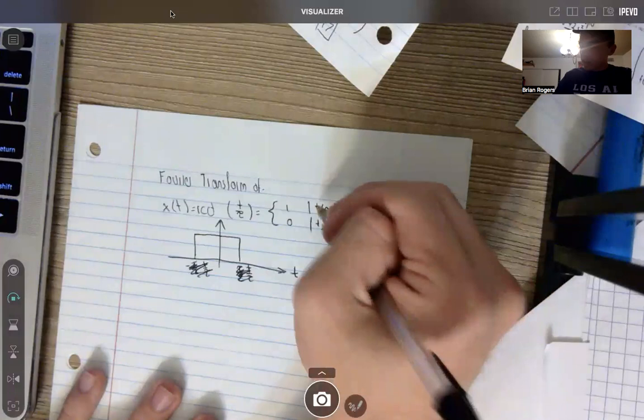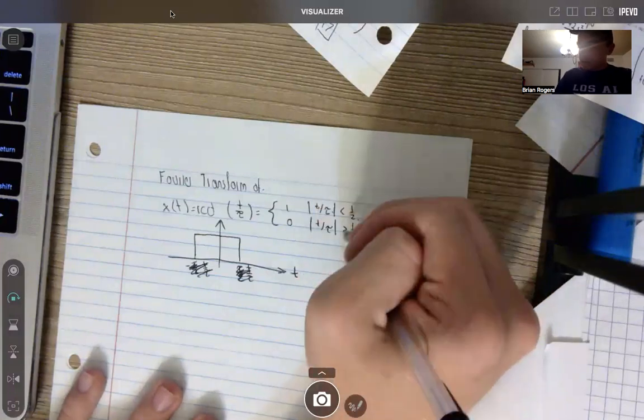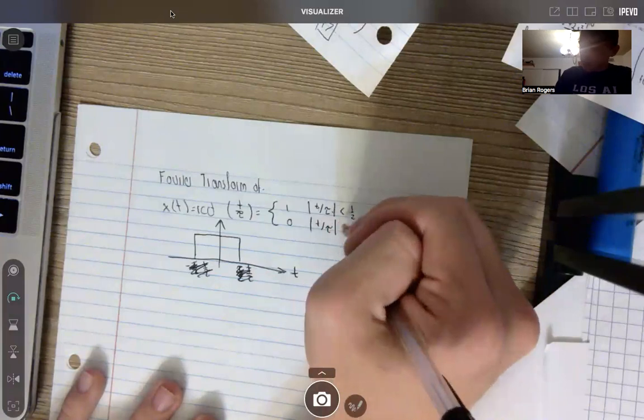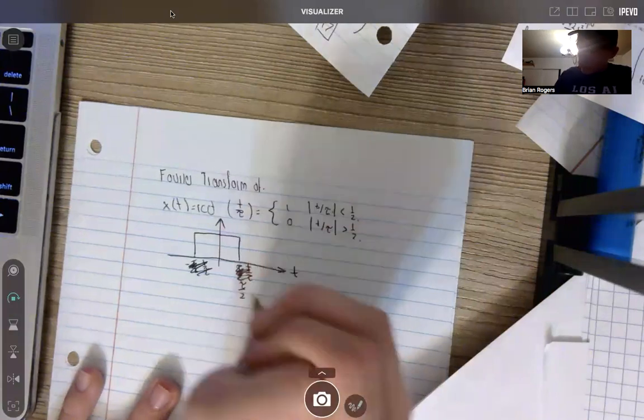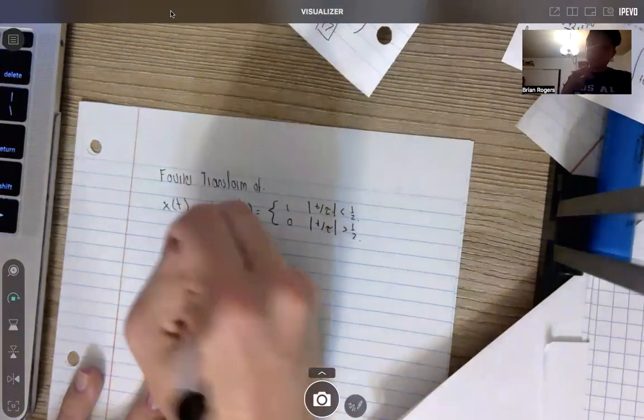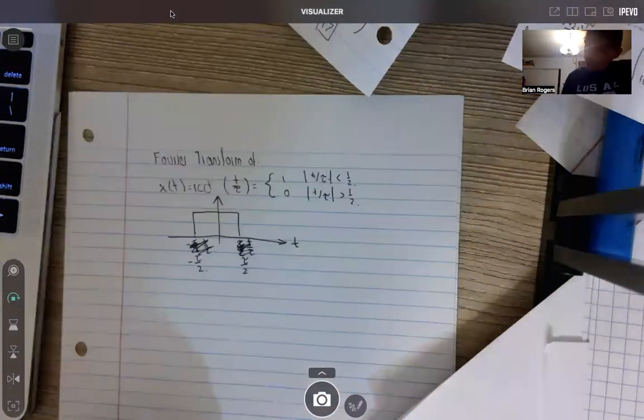So it would be t is less than 1/2 tau, and t is greater than 1/2 tau. That's why I had tau over 2 originally, sorry, and then negative tau over 2. Okay, there you go. So now we've got our rectangle, and we need to find the Fourier transform.